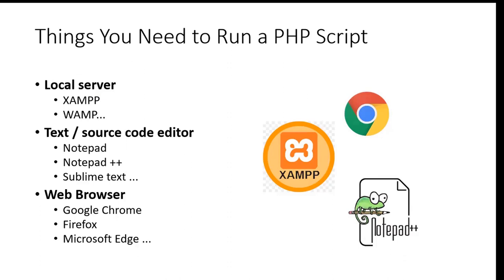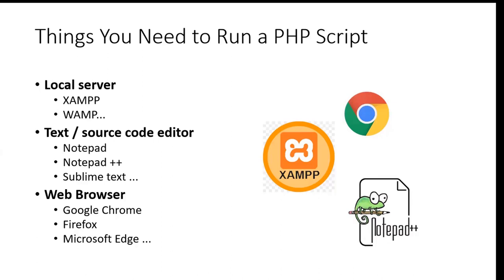The other two things, your default installation has. That is, of course, you need a text editor or a source code editor. This is to write our code. You already have Notepad on your machine, so you don't necessarily have to install separate software. Today I'm using Notepad++, but anyway, I'm going to explain how you can use Notepad also.